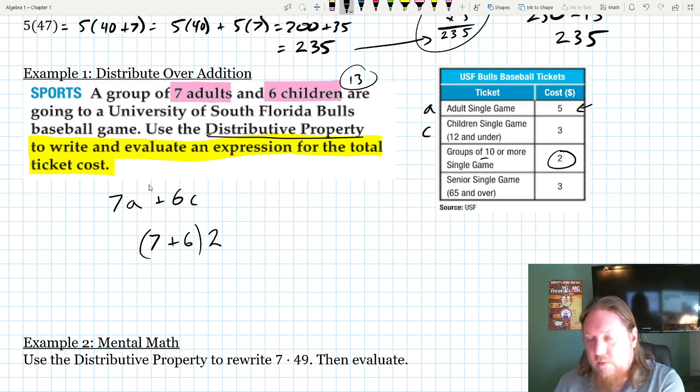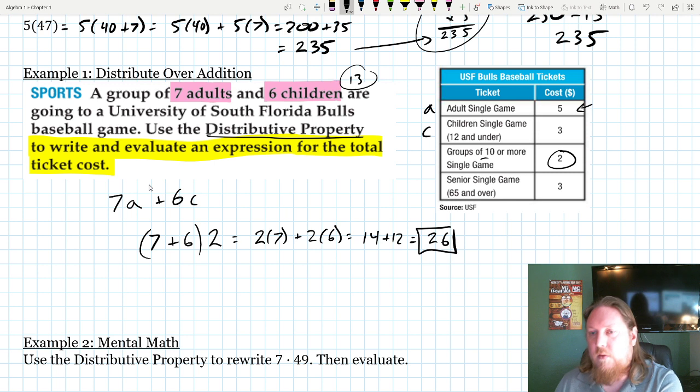So the quantity, 7 plus 6, times the price, 2. So now I'm going to use the distributive property here, 2 times 7, and 2 times 6. 2 times 7 is 14, 2 times 6 is 12, so it's going to cost $26. Oh, I should put the dollar symbol on there.